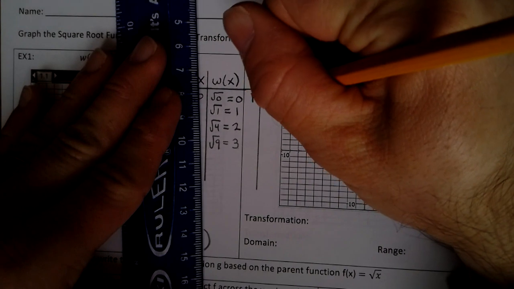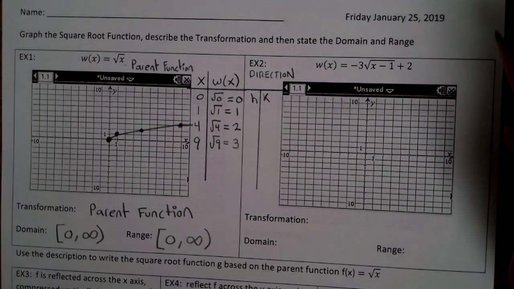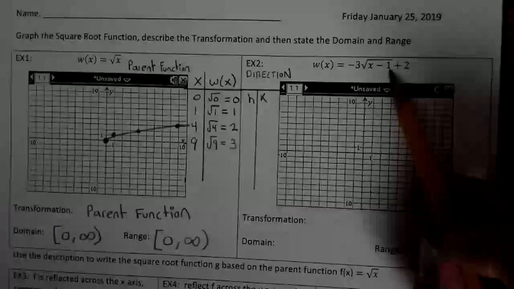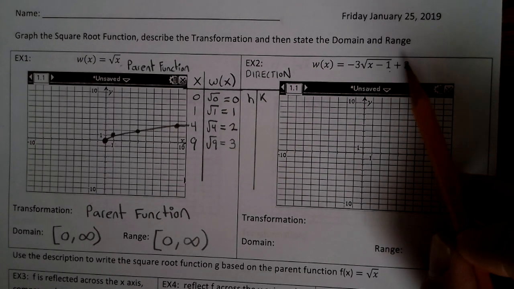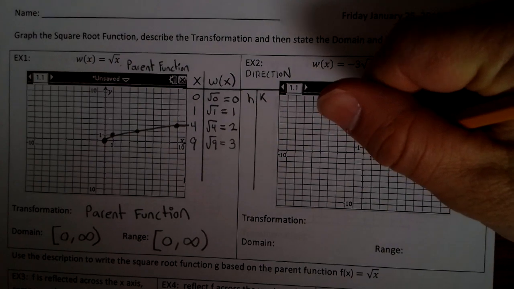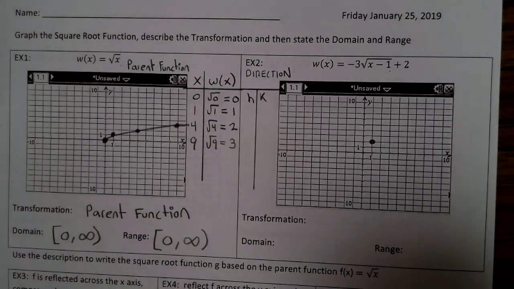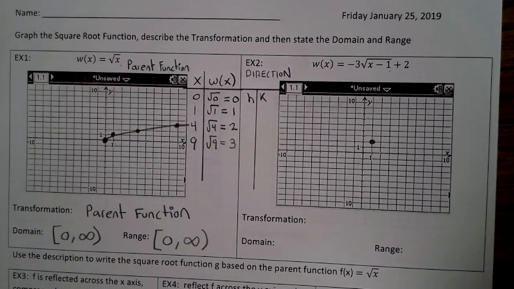So we look, this minus 1 means the vertex moves to the right 1 and up 2. So from here we go to the right 1, up 2. There's our new vertex.